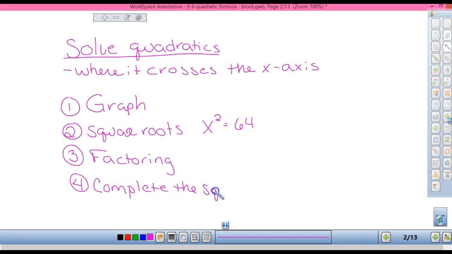So the 4th way was by completing the square, and today we are going to do our 5th and our last way, which is the quadratic formula. And this is probably the most popular way to solve these.